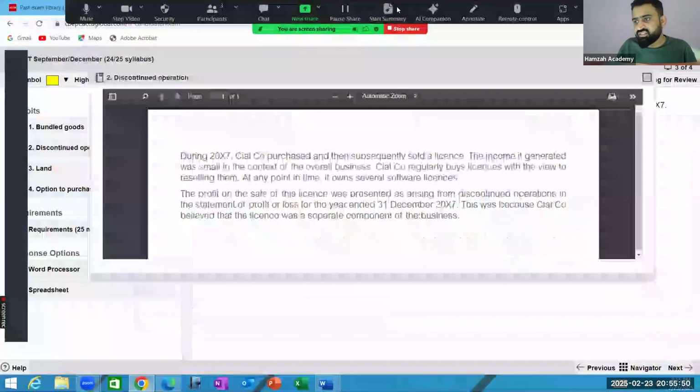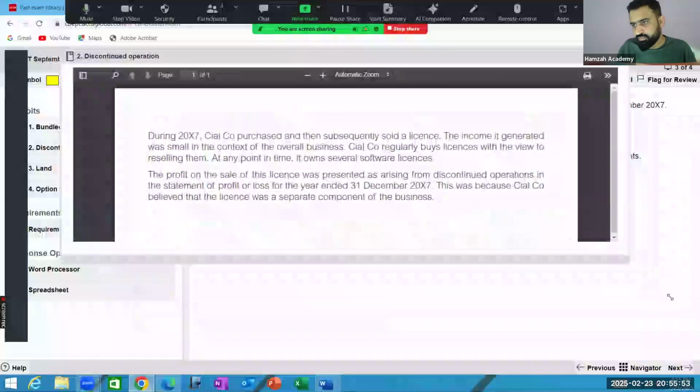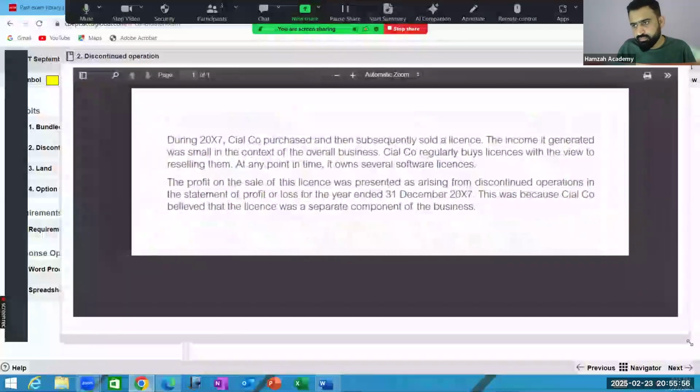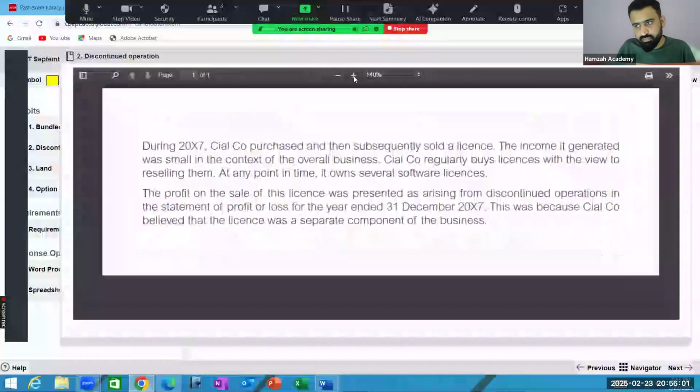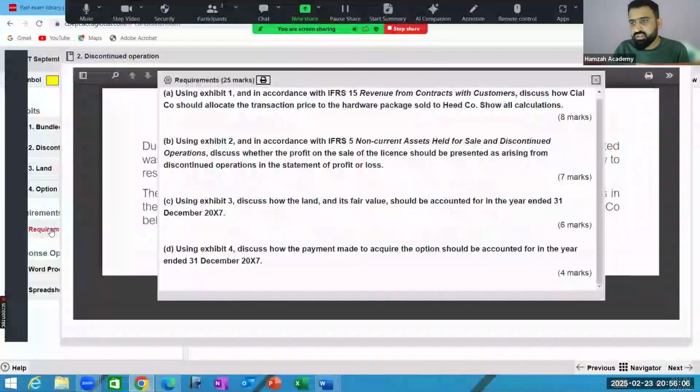Now we have exhibit number 2. And the requirement relating to exhibit 2 is: using exhibit 2, in accordance with IFRS 5, non-current assets held for sale and discontinued operations, discuss whether the profit on the sale of the license should be presented.